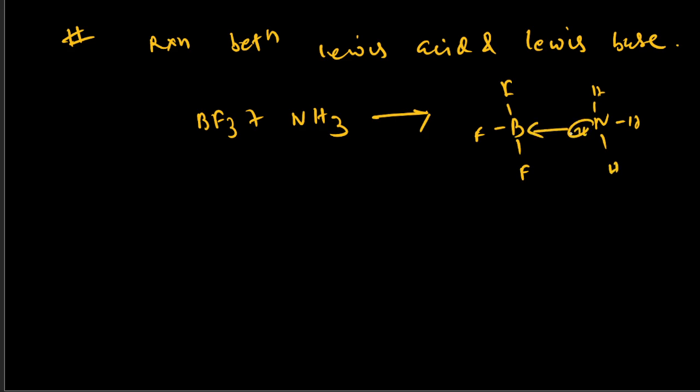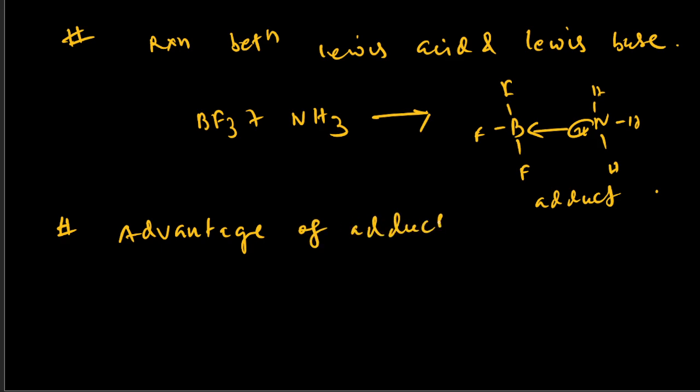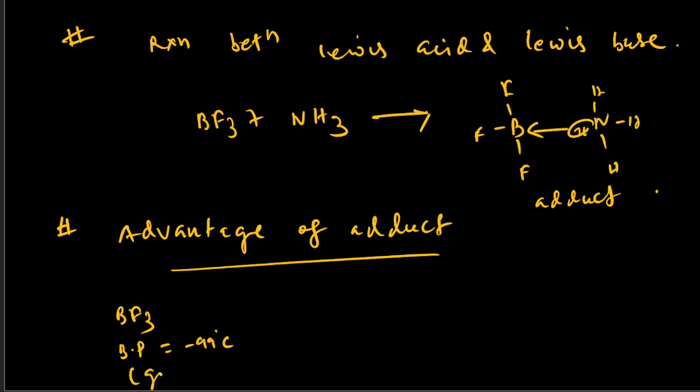So it will donate its pair of electrons, and this is called adduct formation. The advantage of adduct formation: BF3 has a boiling point of around minus 99 degrees centigrade, so it is almost in gas form. And if you add ether, its boiling point is around 45 degrees centigrade.